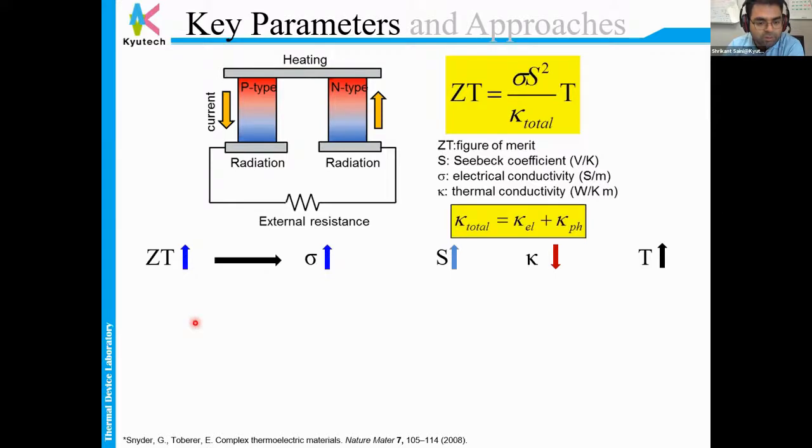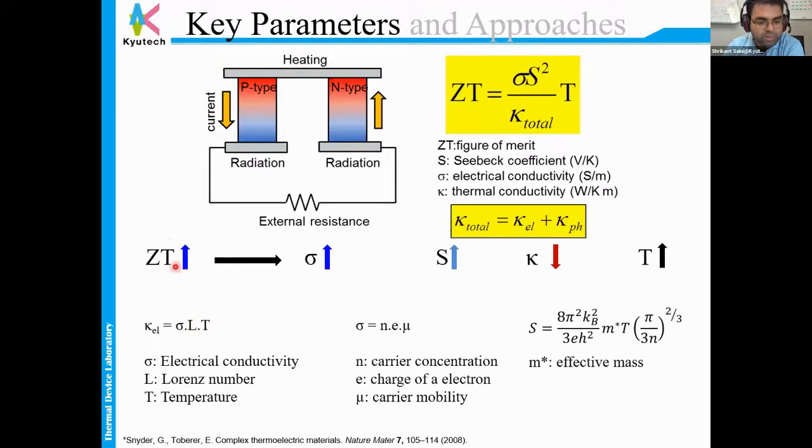So if you are using these parameters, it looks very simple. But when you go into the physics and try to understand what these parameters are, life changes a lot. Suppose you take the example of thermal conductivity, which has the electronic part, and the electrical conductivity. Thermal conductivity is directly dependent on the electrical conductivity. That means if you try to increase electrical conductivity, your thermal conductivity will also increase, which you do not want here. Similarly, if you take the example of electrical conductivity and Seebeck coefficient, these both depend on carrier concentration, but in a just opposite way.